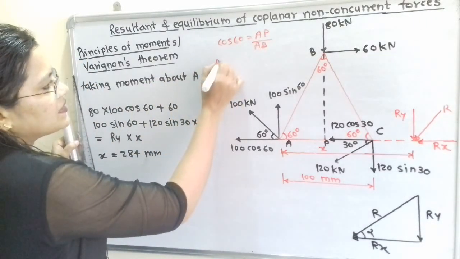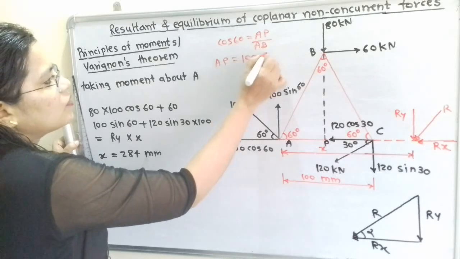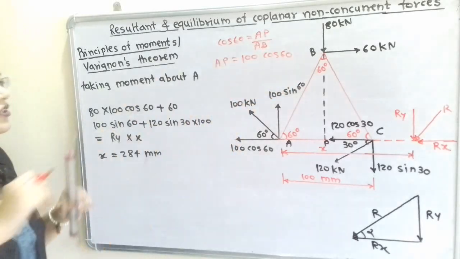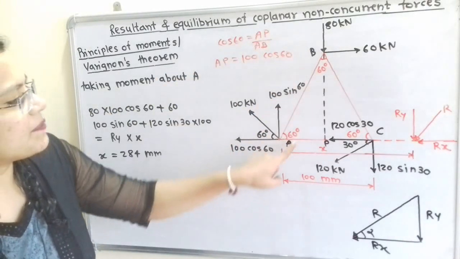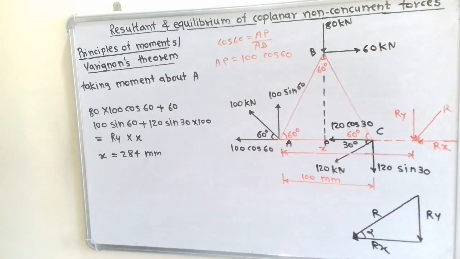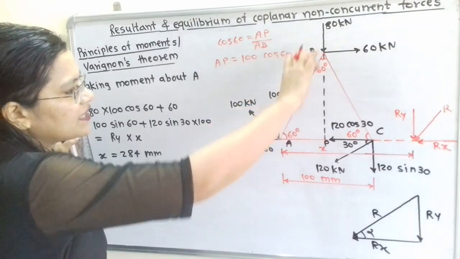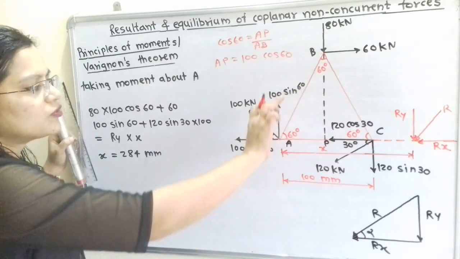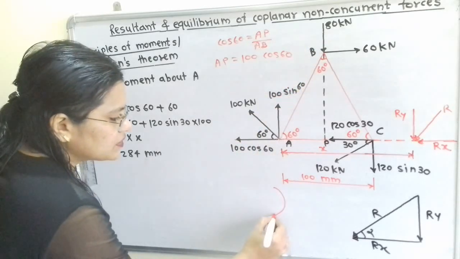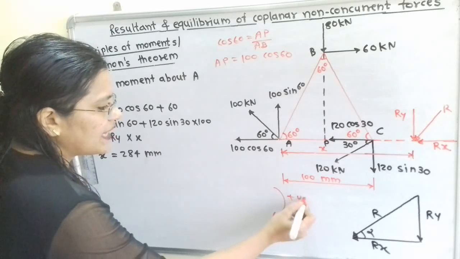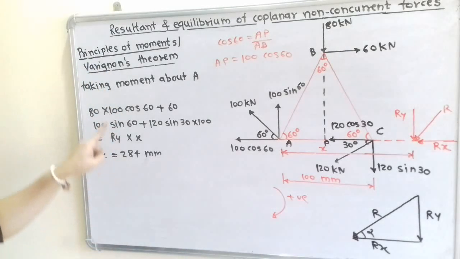So AP is equal to 100 cos of 60. So we have to take 80 multiplied by 100 cos of 60. Now if I move the compass about point O in the direction of 80 kilonewton, so here is this clockwise direction, and for this direction we will use positive sign. So 80 multiplied by 100 cos 60.